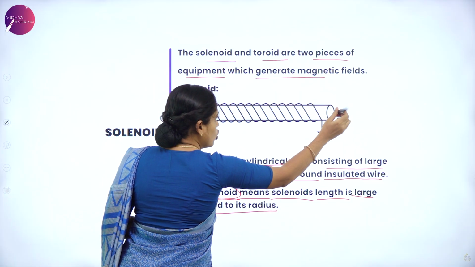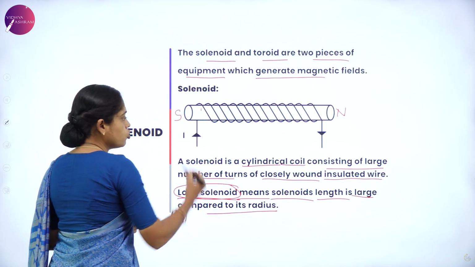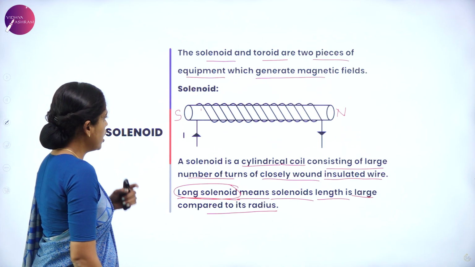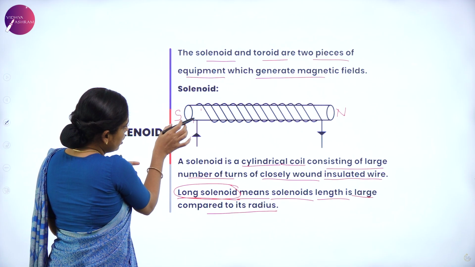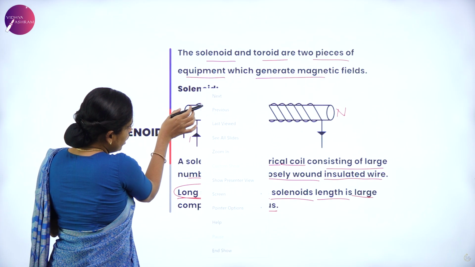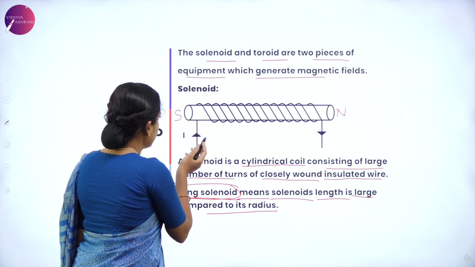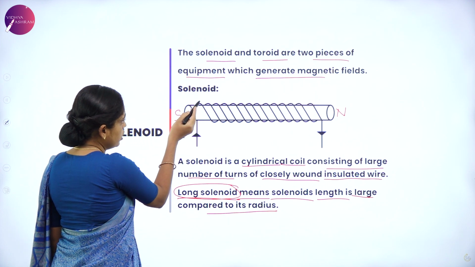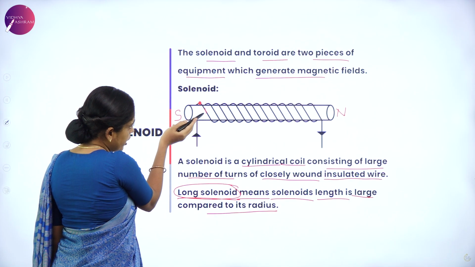Therefore, this is the north pole of the magnetic field and this is the south pole. And observe the direction of the current flow. The direction of current flow here at the top is out of the wire.